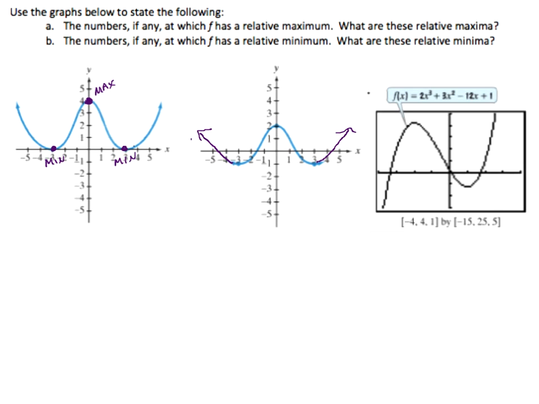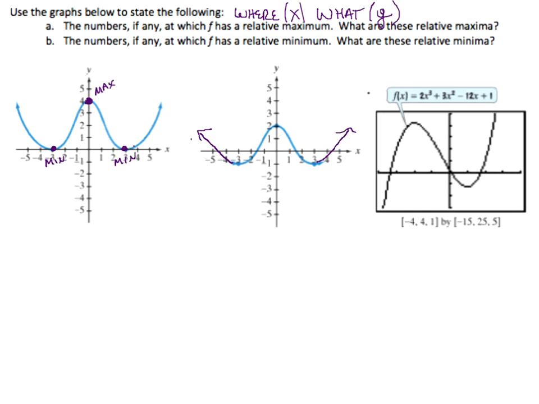Now, let me talk about the language that you're going to see MyMathLab use. You're going to be asked 2 questions usually about maxes and mins. You're going to be asked where the max and the min occur, and you're going to be asked what the maximum and the minimum is. The where is asking about the x value, where that max and min occur.